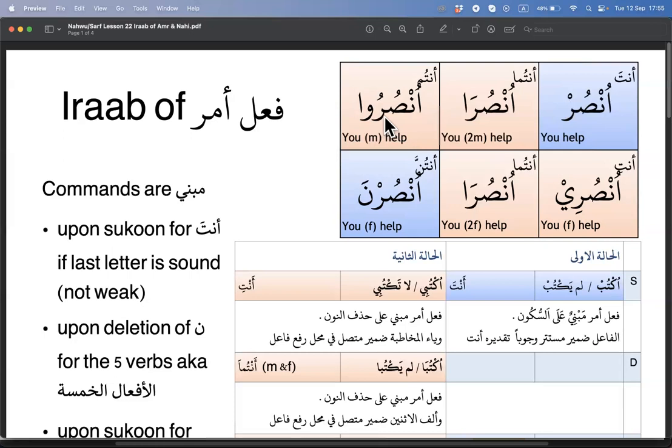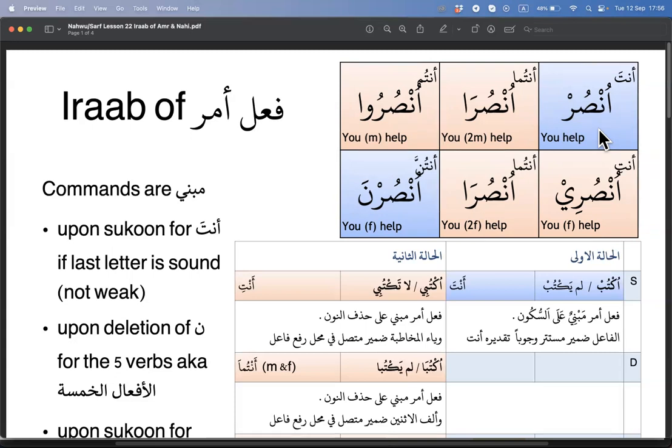So for the blue ones, meaning anta and antunna, it is mabni ala sukun. Okay, so mabni on what you do to it. So here it was actually tansuru, right? Dhamma to sukun, so it's mabni ala sukun. For the fa'il, it's like when you do fi'il mudhari.